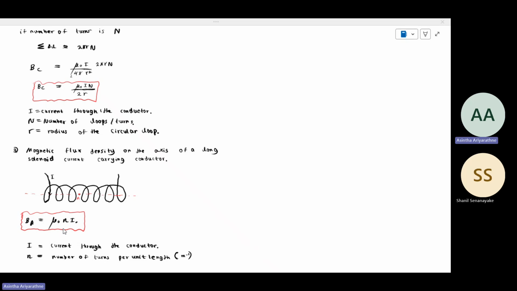Here, the small n represents the number of turns per unit length, and the capital N represents the number of turns or loops. So the second one actually can be derived easily using basic mathematics. For the other two, we had to use integration. So I think it is good to remember these three expressions.